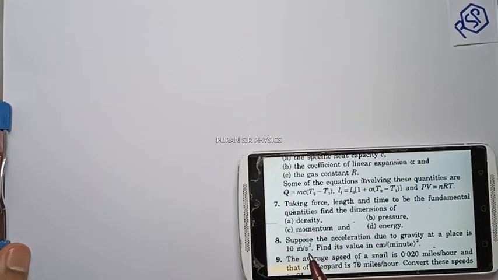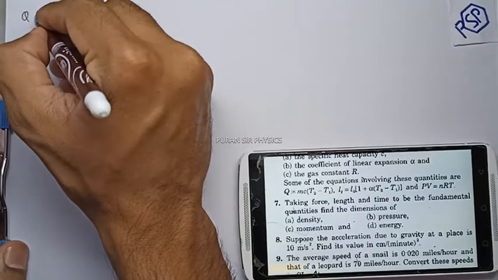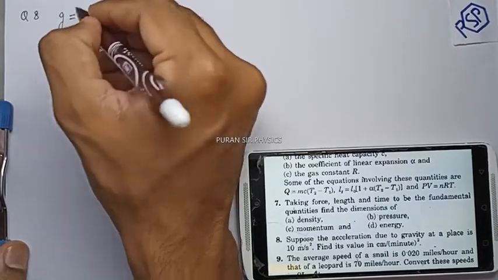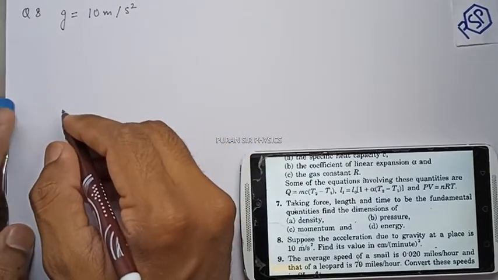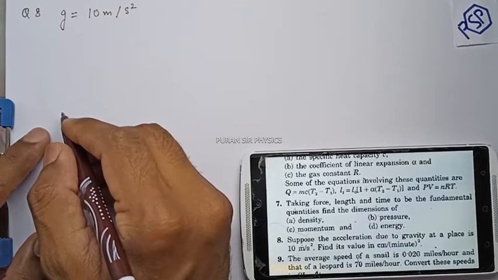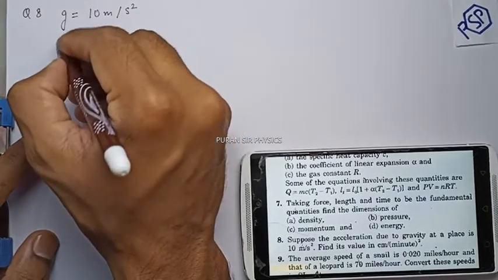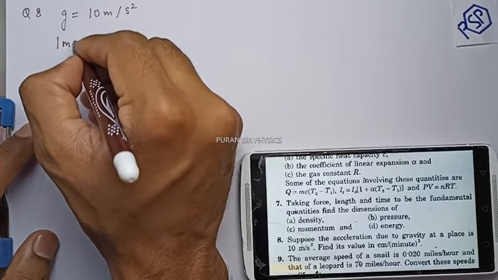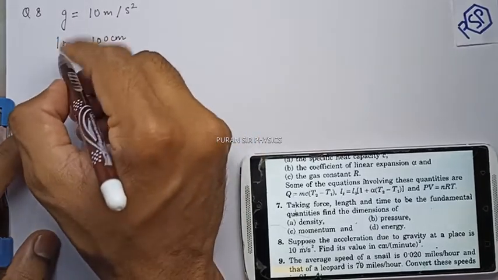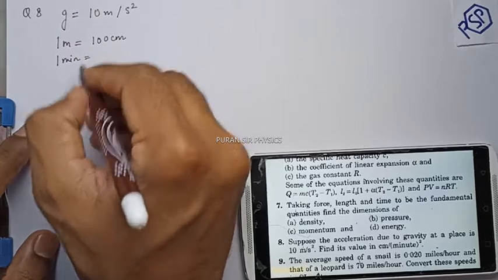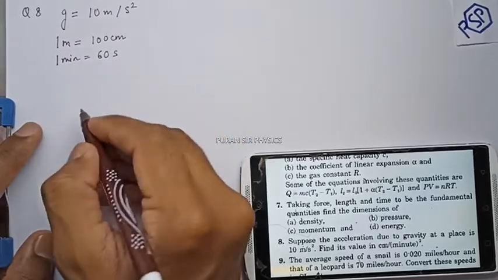In question number 8, suppose the acceleration due to gravity at a place is 10 meter per second square. Find its value in centimeter per minute square. We have been given that the acceleration due to gravity is 10 meter per second square. To convert it into centimeter per minute square, we can say 1 meter is equal to 100 centimeter, and 1 minute is equal to 60 seconds.